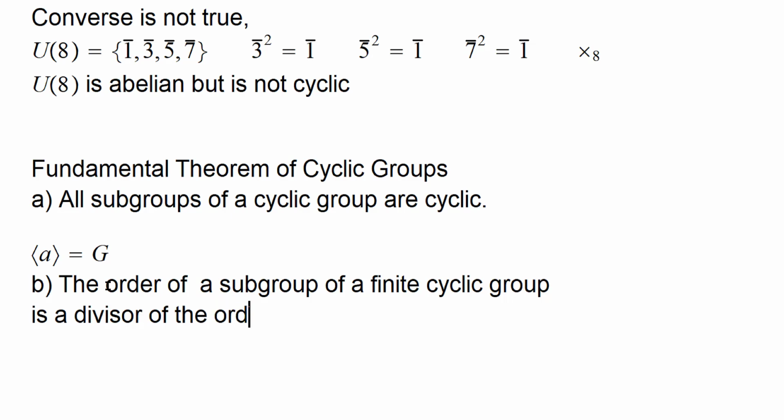What it means is this: I have a finite group, say of order n, and H is a subgroup of that group, and the order of H is say r, then n will be rs for some integer s. So r will be a divisor of n.